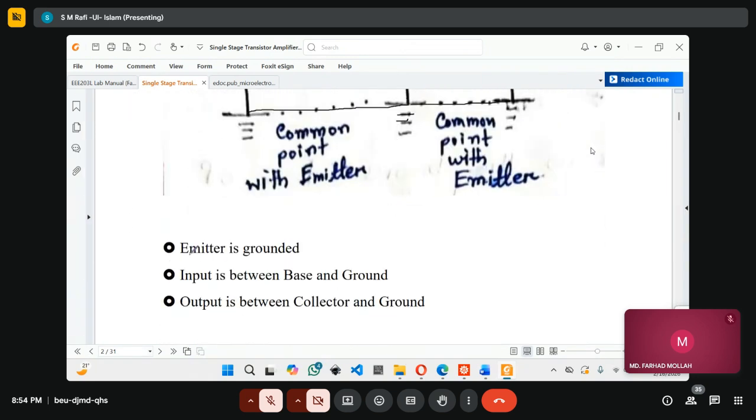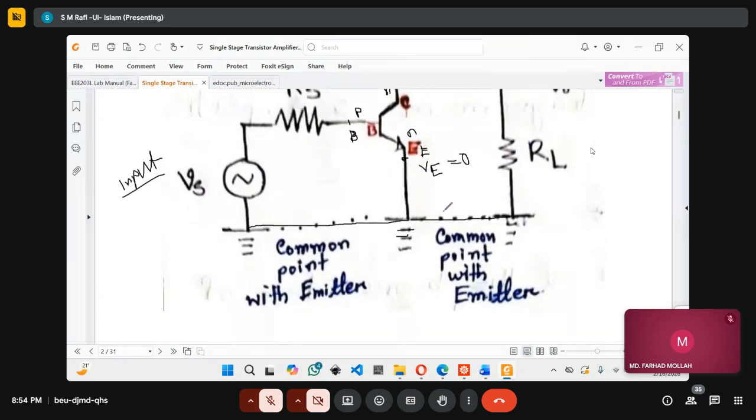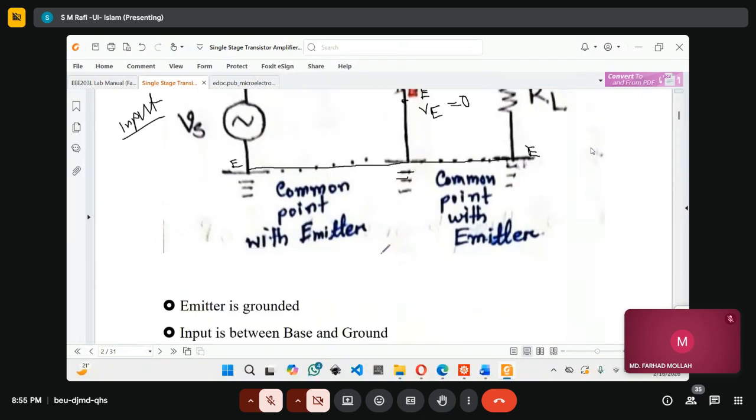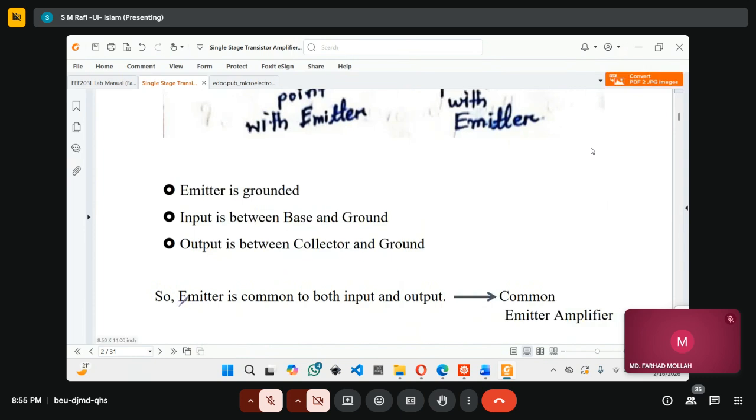So in a nutshell, the emitter is grounded, as I mentioned earlier. The input is between base and emitter, because this is basically the emitter, right? And this output is between collector and emitter, because again this point is grounded. So that's why the emitter is common to both input and output.